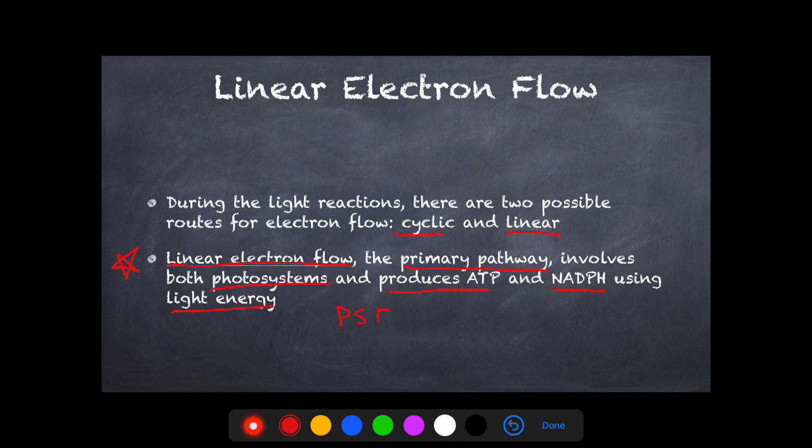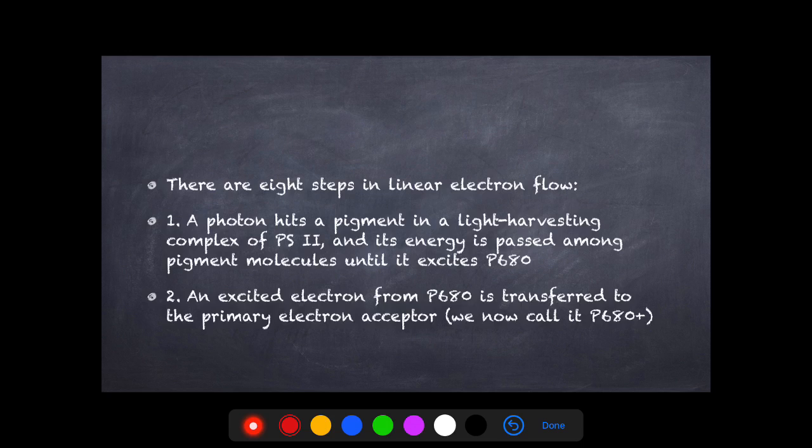Again, linear electron flow is the primary pathway. It's going to use photosystem 2 and photosystem 1, and it's going to produce ATP as well as NADPH using light energy. So that's an important thing for you to know.